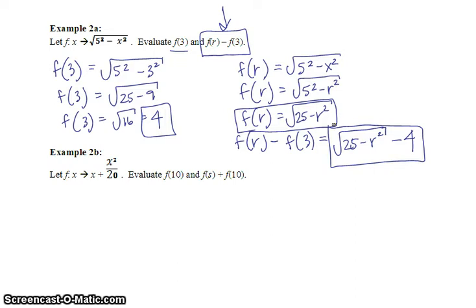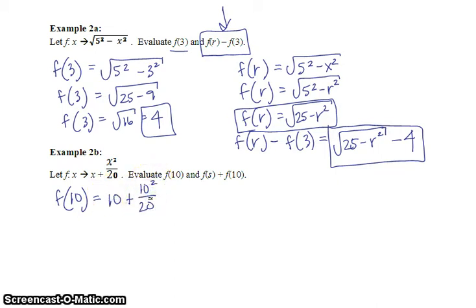In example 2b, it says f of x, we map f of x onto x plus x squared over 20. And they want us to evaluate it at f of 10 and f of s plus f of 10. So similar problem to 2a. So f of 10, we're going to plug in 10 for all the x's, so we have 10 plus 10 squared over 20.